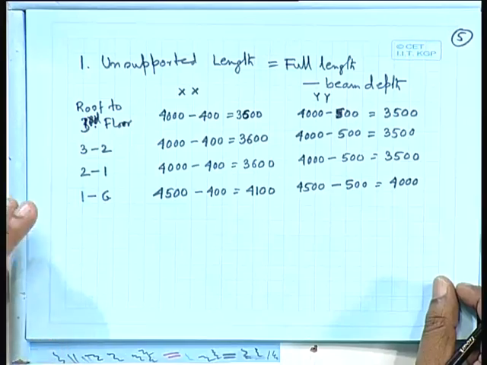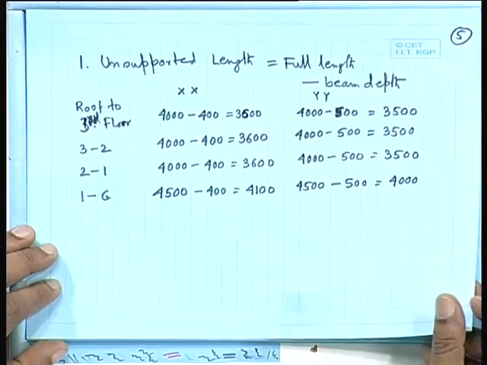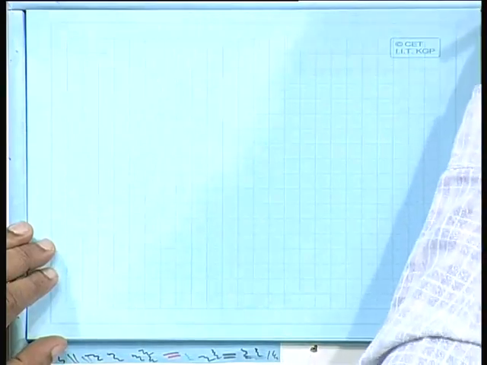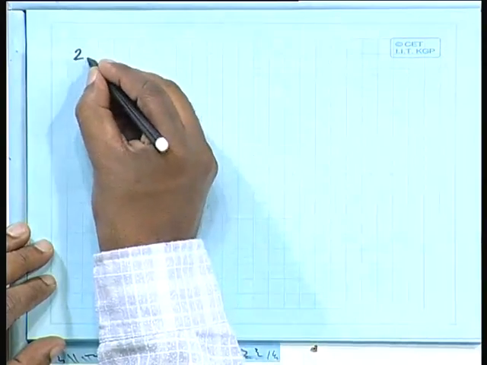What about the I, the second moment of area, the section properties?